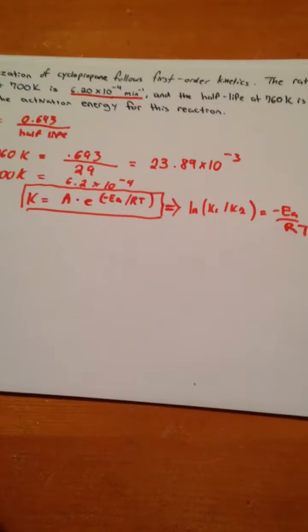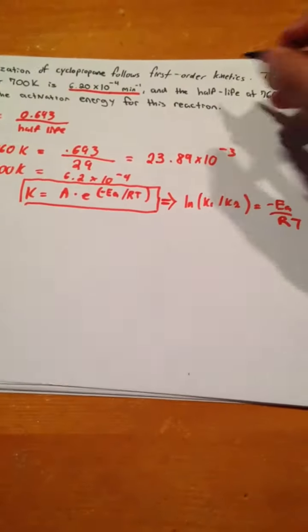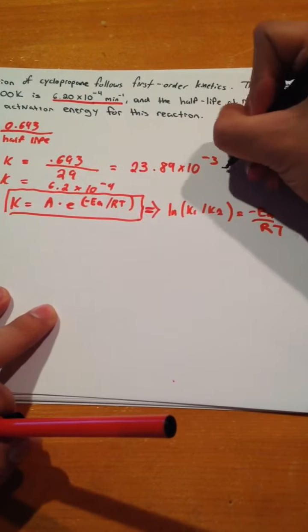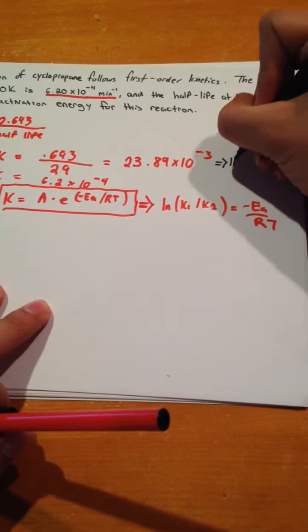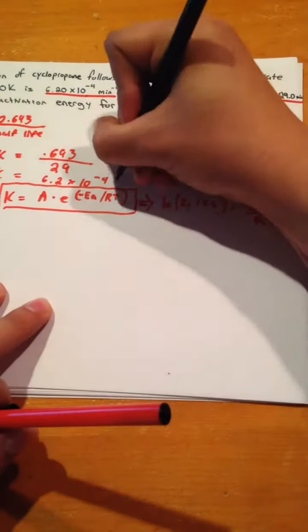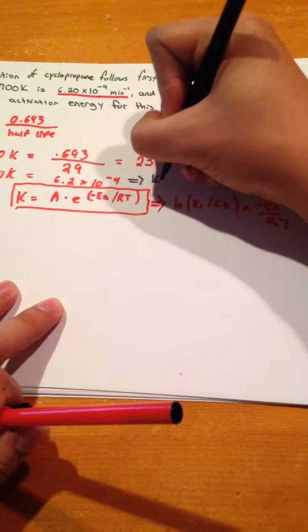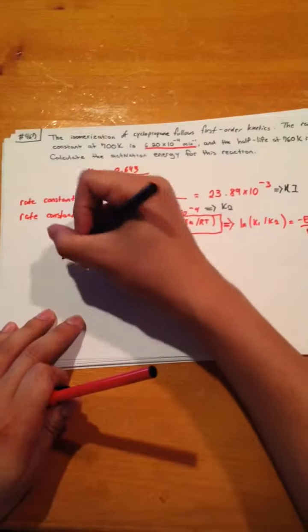So where we're going to be using that, remember we found our k's. This is going to be my k1, and this is going to equal my k2. We're actually going to be using that, so let's go ahead and do it.